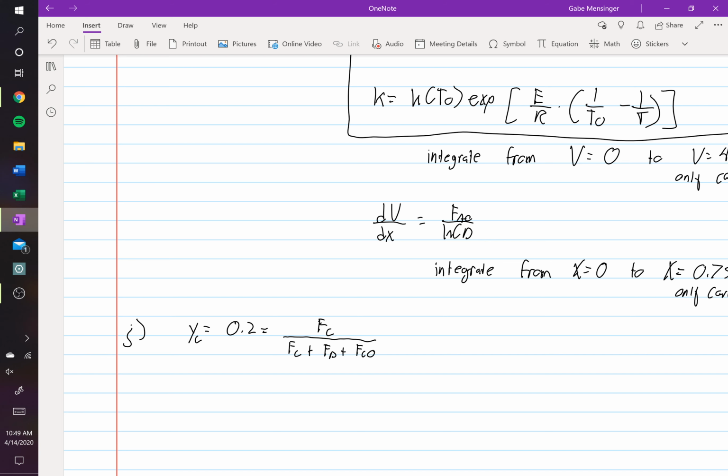Okay, so that is just the definition of the mole fraction. We can do it in molar flow rates. That's just fine. So our molar flow rate of C divided by the total molar flow rate, which is just the sum of the molar flow rates of all of our species.